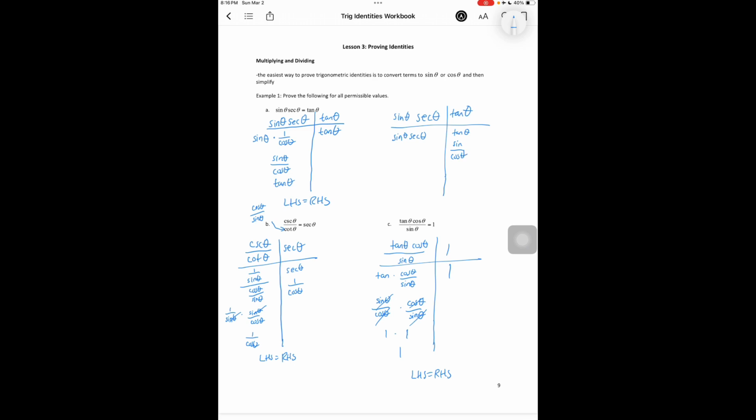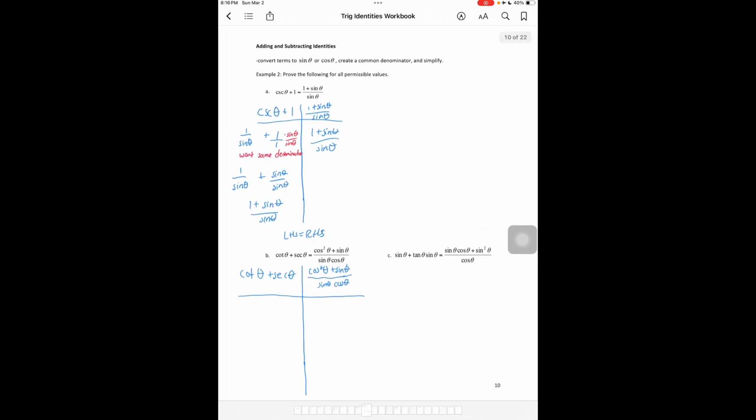And then if I were to break this up, this is the same thing as sine times 1 over cos, which is sine times secant theta. And then left hand side equals right hand side. So you could do honestly either side, however you prefer to do it.